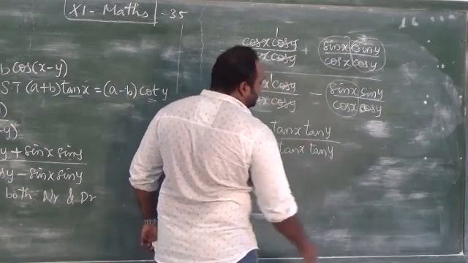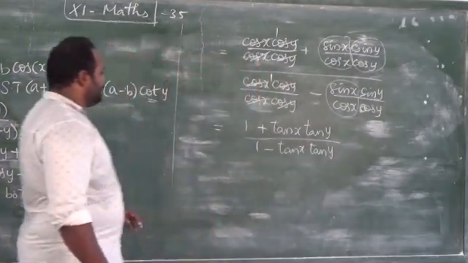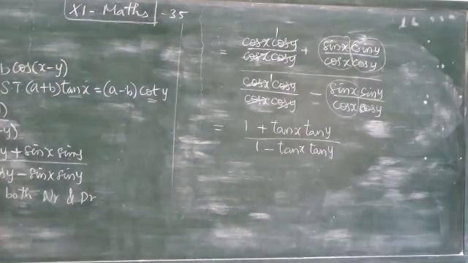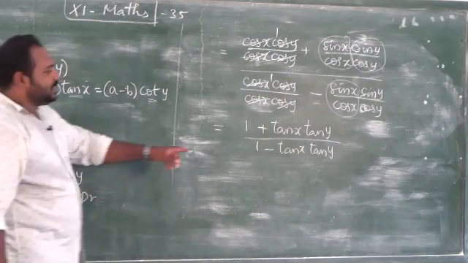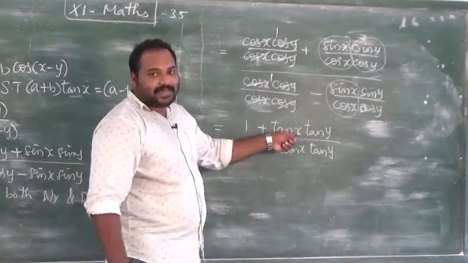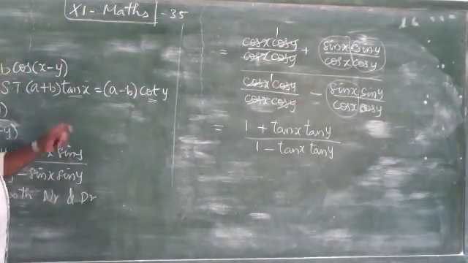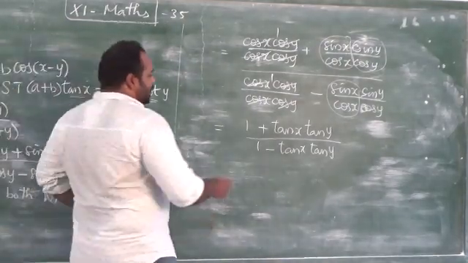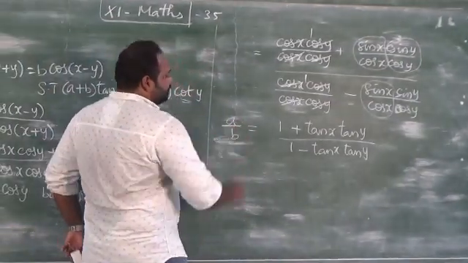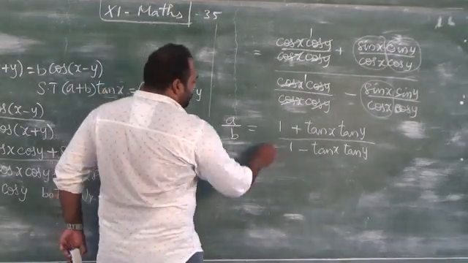So you can understand now why we divided by cos x cos y in both numerator and denominator: only then can we get the tan function, because the answer must be in tan and cot. Okay, now this side is A by B. Now cross multiply both sides.